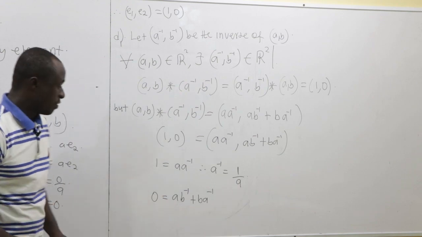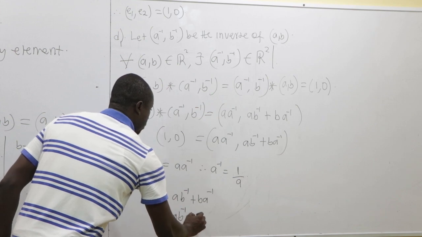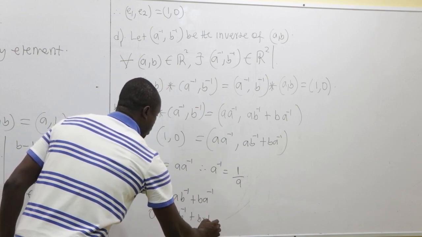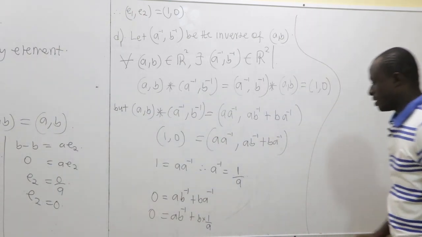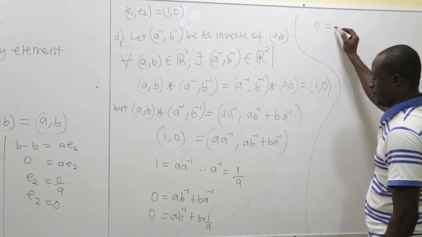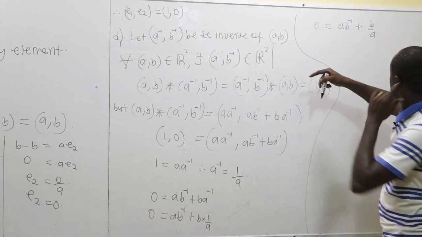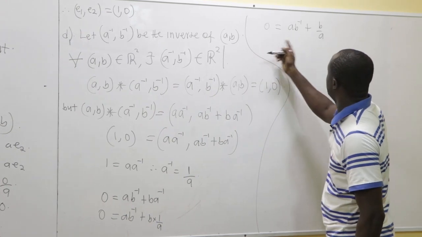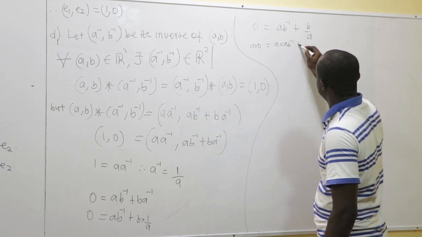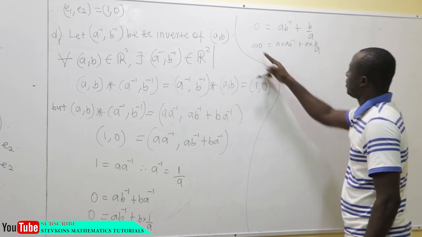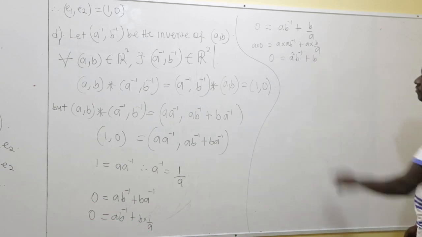A inverse is 1 over A. So substituting A inverse, you have 0 equal to A times B inverse plus B times 1 over A, which is 0 equal to A times B inverse plus B over A. We can multiply through with the LCM, which is A. So you have A times 0 equal to A times A times B inverse plus A times B over A. This is 0, and it gives A squared B inverse plus B. We want to find B inverse, so B has to go to the other side.